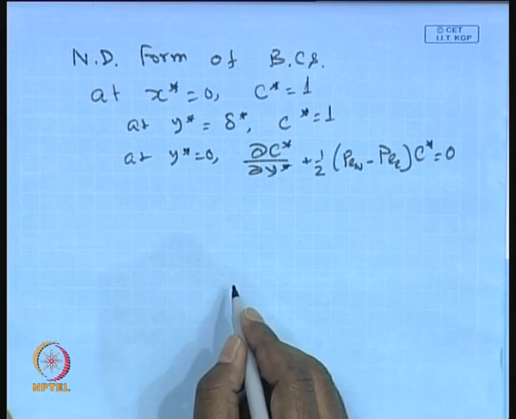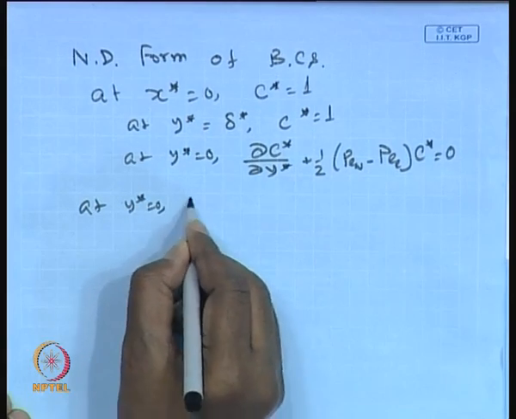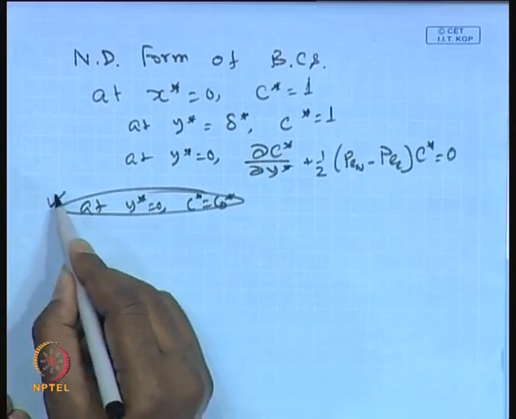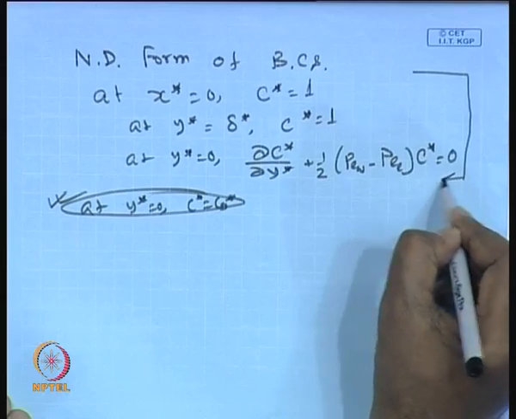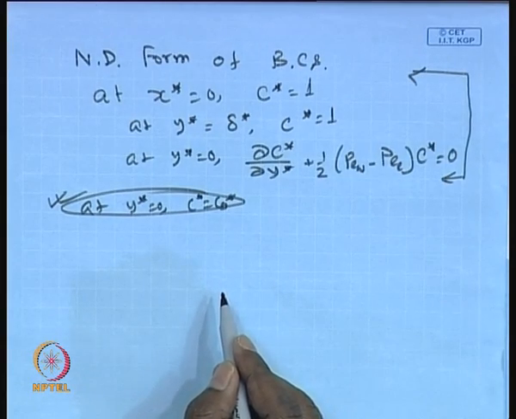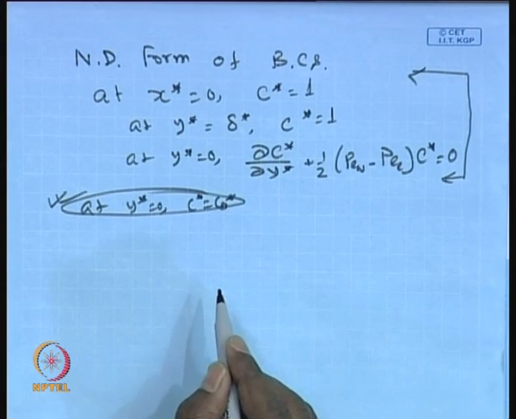And since it is a gel layer controlling filtration, at y star equal to 0, C star is nothing but Cg star. But anyway, that is a physical boundary condition that we will be utilizing later on, but these are the 3 boundary conditions to solve the governing partial differential equation of concentration within the mass transfer boundary layer.